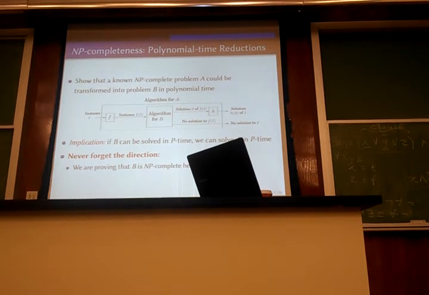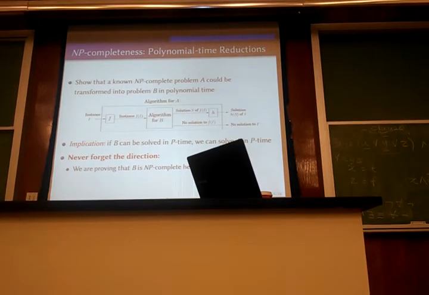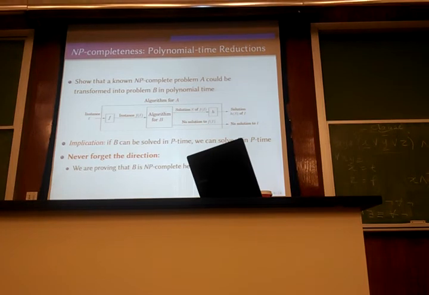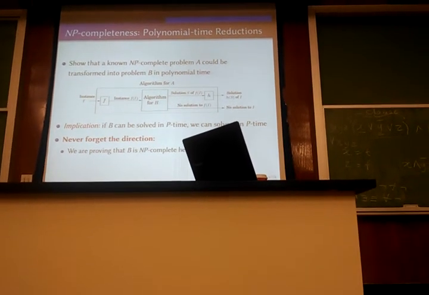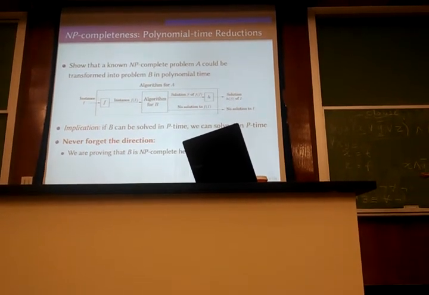Right? If you couldn't do this, well, then you haven't done the reduction, right? Because yes, B could be solved, but if that doesn't lead you to a solution for A, then you haven't proved anything, right?